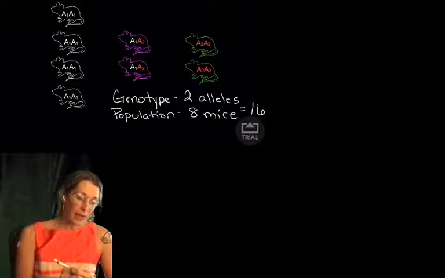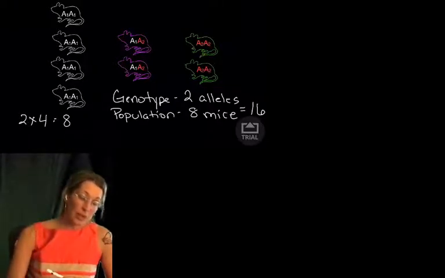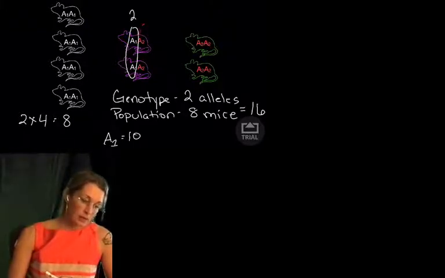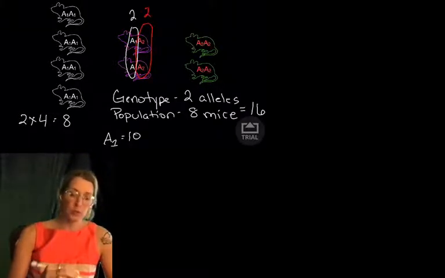There's 4 mice that are homozygous A1, so that would be 2 times 4. We've got 8 A1s there. Here we have a heterozygote, so there are 2 A1s here. There are 0 A1s here, so 8, 9, 10. So for A1, we've got 10 copies.